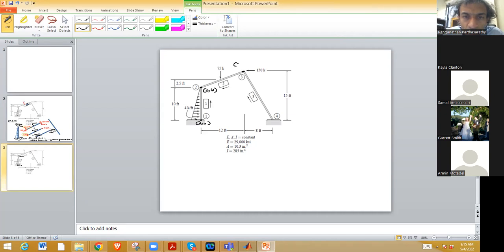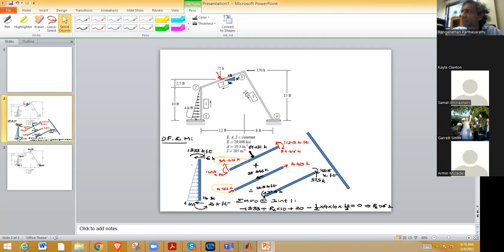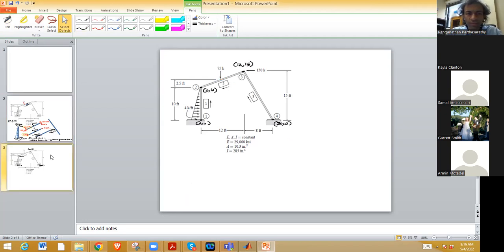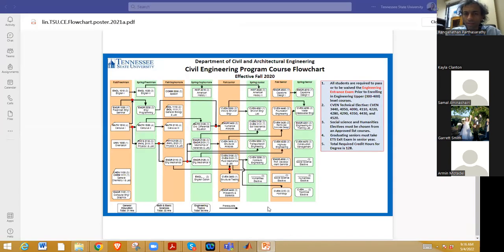This is X is 12 feet and Y is 15 feet. Okay. Now here X is 12 plus 8, 20 feet. Y is 0. Okay. Now we got all the coordinates. Maybe I'm going to send this file after the recording is finished, but right now we are going to enter in MATLAB. So if you want to take a screenshot, you can take it. Okay, you took it. Now I'm going to MATLAB.